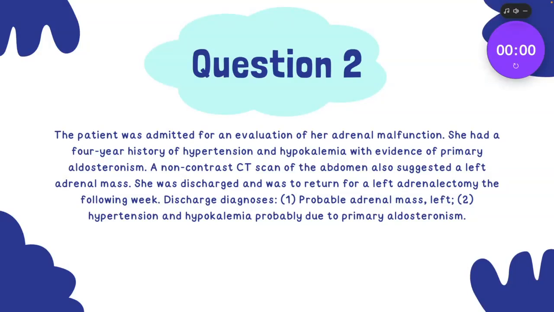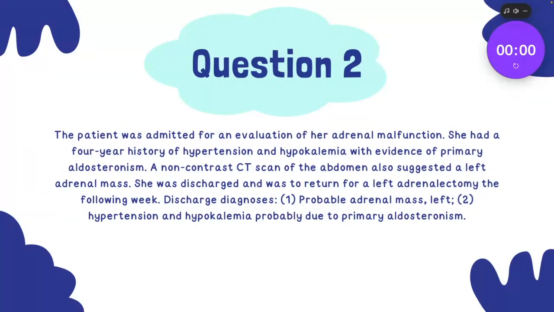She was discharged and was to return for a left adrenalectomy the following week. Discharge diagnoses: probable adrenal mass left, hypertension, and hypokalemia, probably due to the primary aldosteronism. That's one of those words that I definitely cannot pronounce.